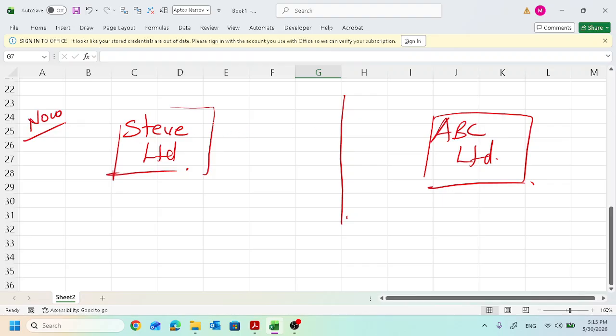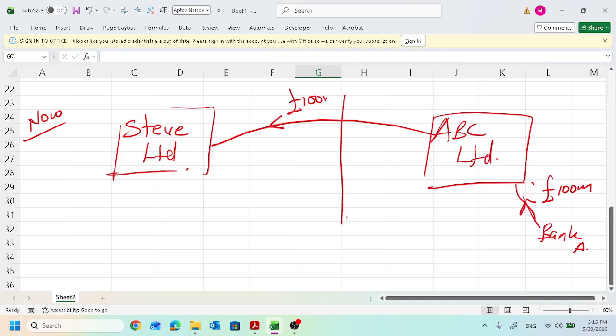Okay, today's rate is 1.25. So ABC Limited will, from their bank, let me say bank A, ABC Limited's bank, borrow 100 million pounds and give that to Steve Limited. So basically they have borrowed on behalf of Steve Limited. They are borrowing in their own name only. ABC Limited makes a borrowing of 100 million and gives that to Steve.